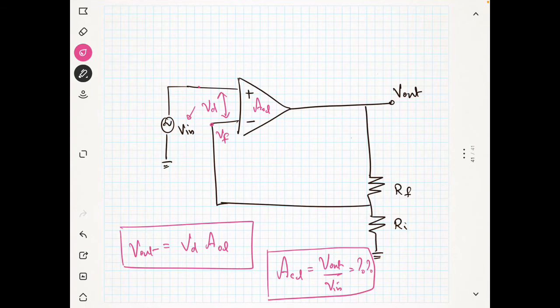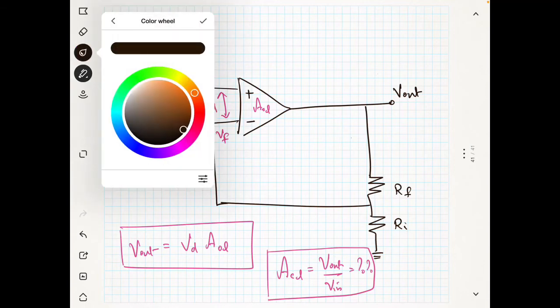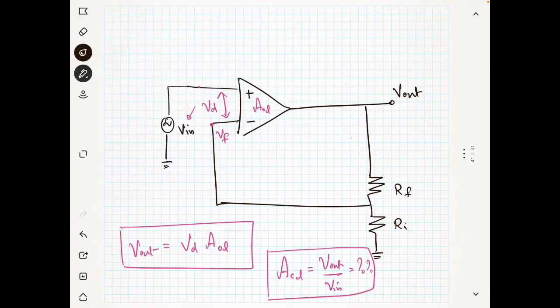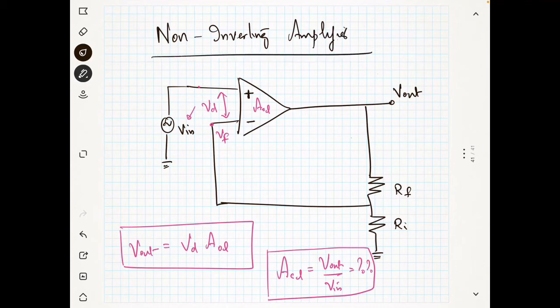In this configuration, my input is connected to the positive terminal, the non-inverting terminal. So this amplifier is known as a non-inverting amplifier, because my input is connected to the non-inverting terminal.